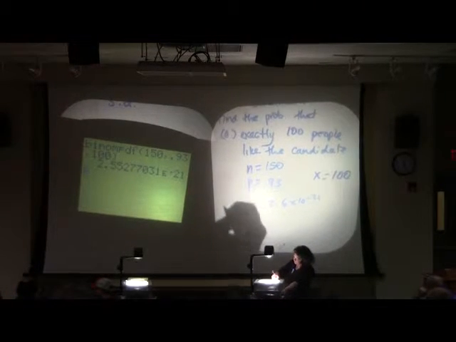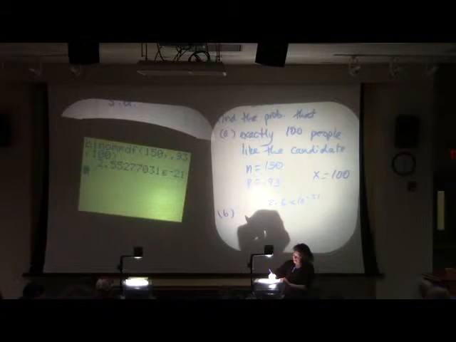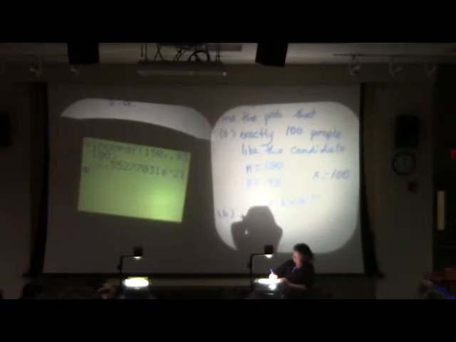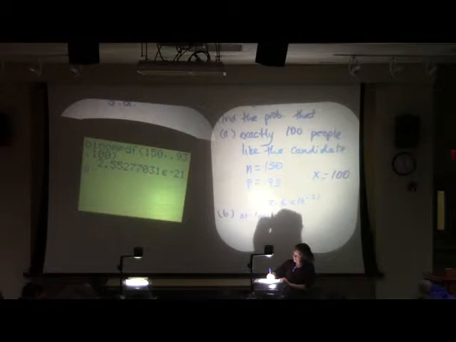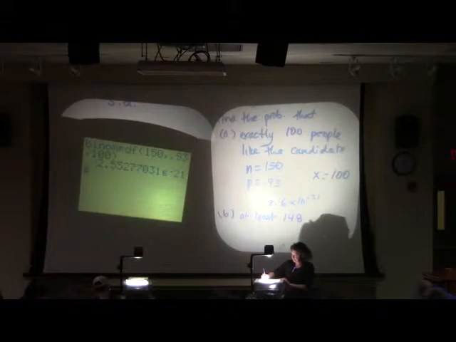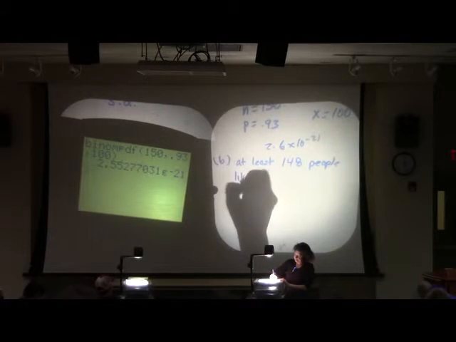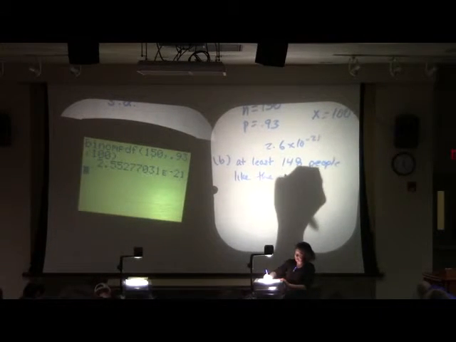All right, what if I want to find the probability that at least 148 people like the candidate?